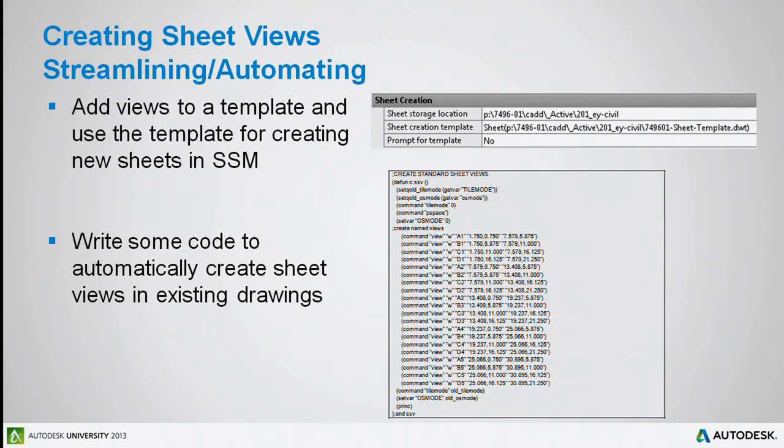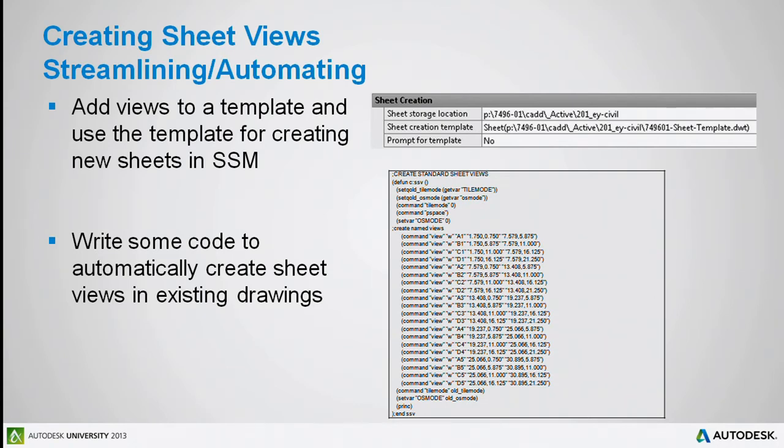So basically, if you find this useful and you want to take this back, you just need to modify these coordinates. They're the two corner coordinates that define the views within the drawing. If you've got a different standard sheet, you can just modify those numbers to match your drawing grid, and away you go.